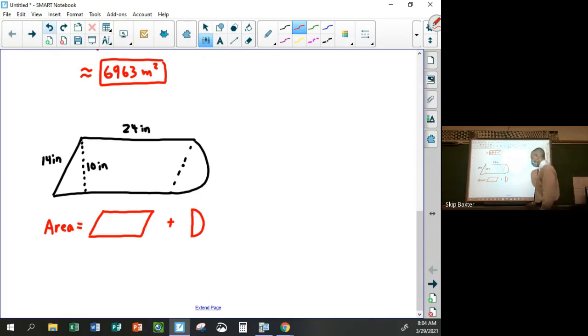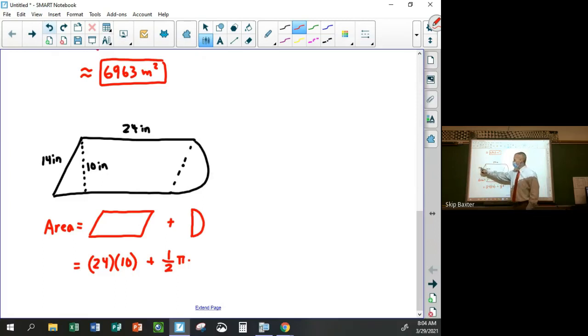The parallelogram is base times height, which remember you got to use perpendicular height. So it would be 24 times 10. And a semicircle is half of a circle. So this is 1/2 pi r squared.